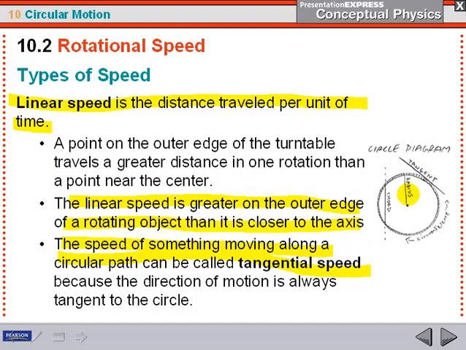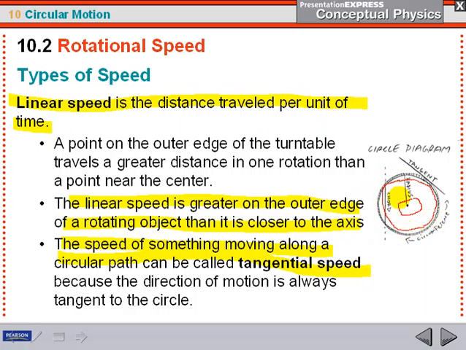So you can think of it this way: if we have two lines, there's one path, and here's another path.